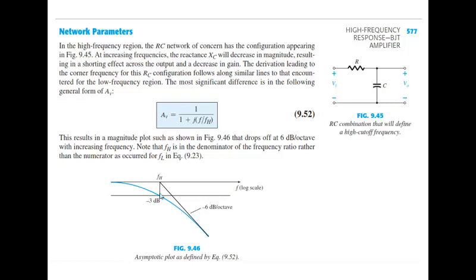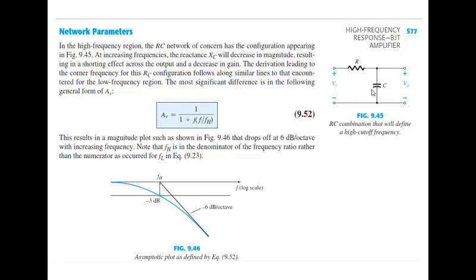So this is the cutoff frequency, where the gain would be 0.707 of the maximum value, or the minus 3 dB point. So this cutoff frequency is fH.